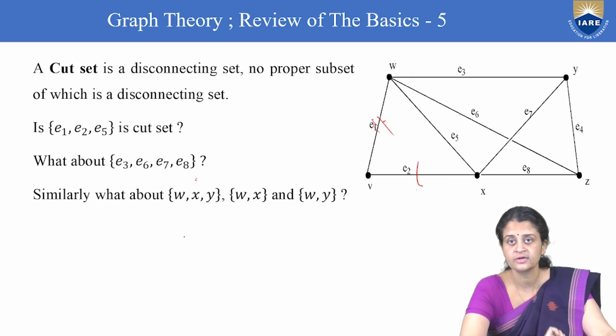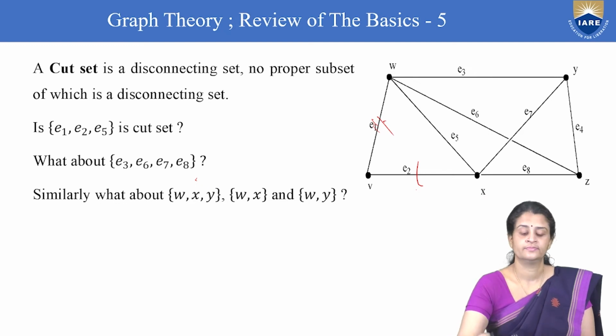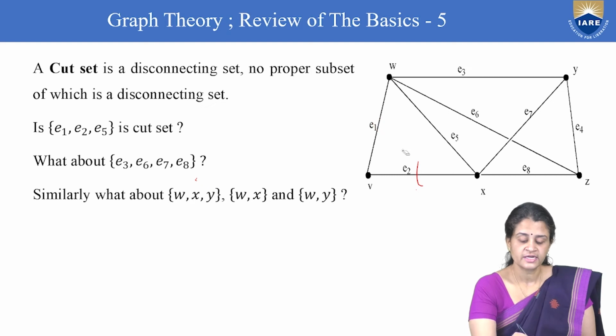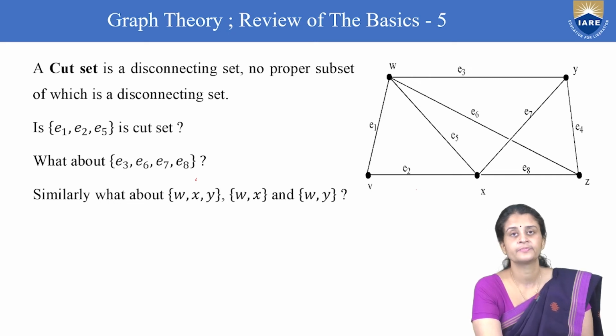It's a disconnecting set, but W, X itself is required to disconnect this graph into two components. So WX is a cut set, WY is a cut set, whereas WXY is a disconnecting set but not a cut set. So a minimal disconnecting set is termed a cut set, or a cut set is a disconnecting set such that no proper subset of it is a disconnecting set. Okay.